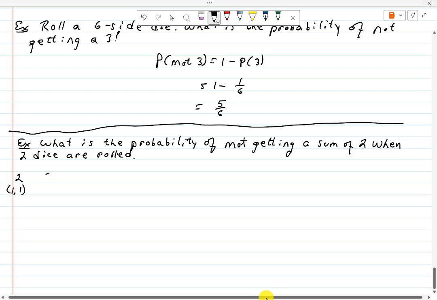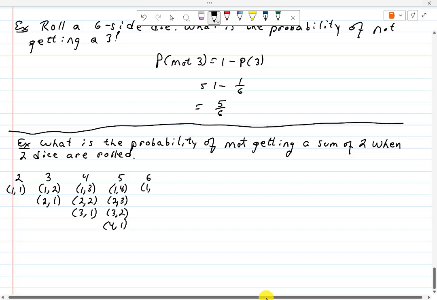Now if I move on, if I throw the 2 dice and get a 3, the only ways I could have had that happen was the first die be a 1 and the second die a 2, or the first die a 2 and the second die a 1. Moving on to 4. I can get that by doing 1, 3, 2, 2, or 3, 1. Moving on, 5. I go 1, 4, 2, 3, 3, 2, 4, 1. 6.